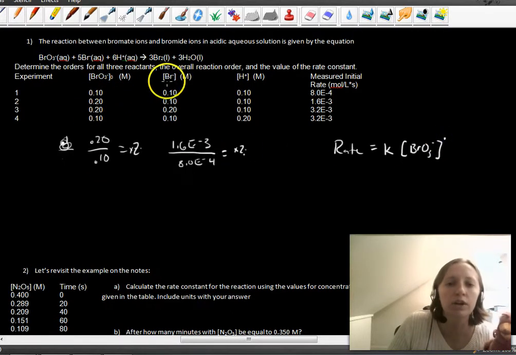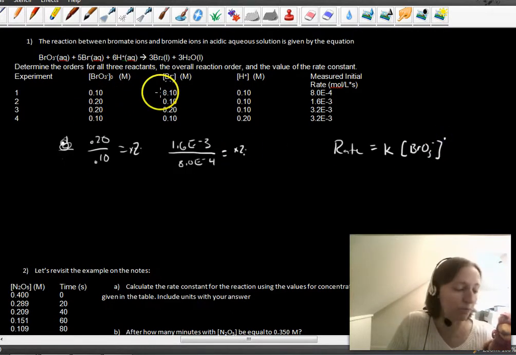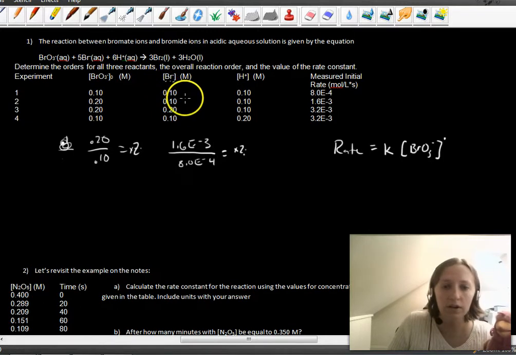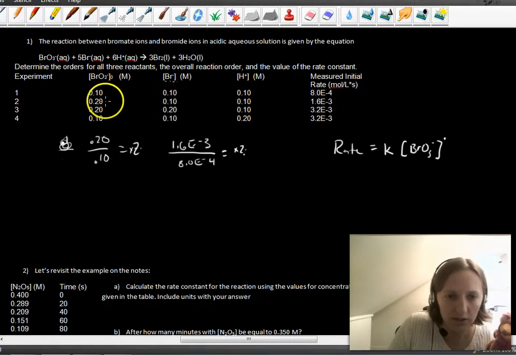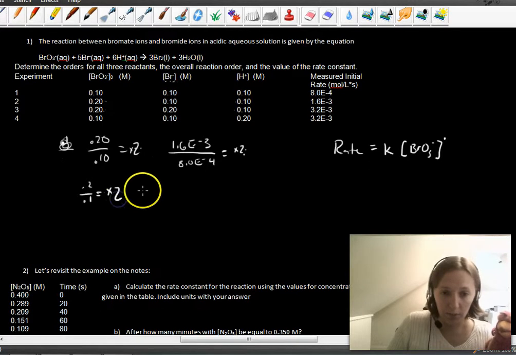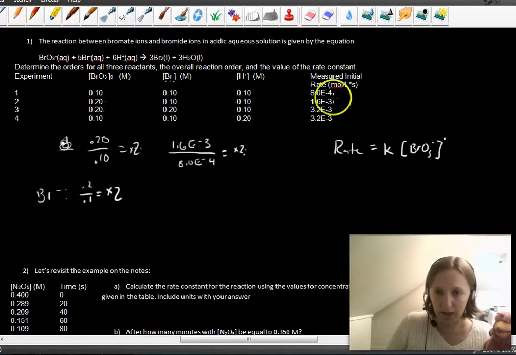Next, we've got to do bromide to find out if bromide is 0th, first, or second order. So we need an experiment in which only bromide is changed. And I believe that is from experiments 2 and 3. Bromate stays the same, hydrogen stays the same, but bromide doubles. So that's 0.2 to 0.1. So when you double bromide, what happens to the rate?